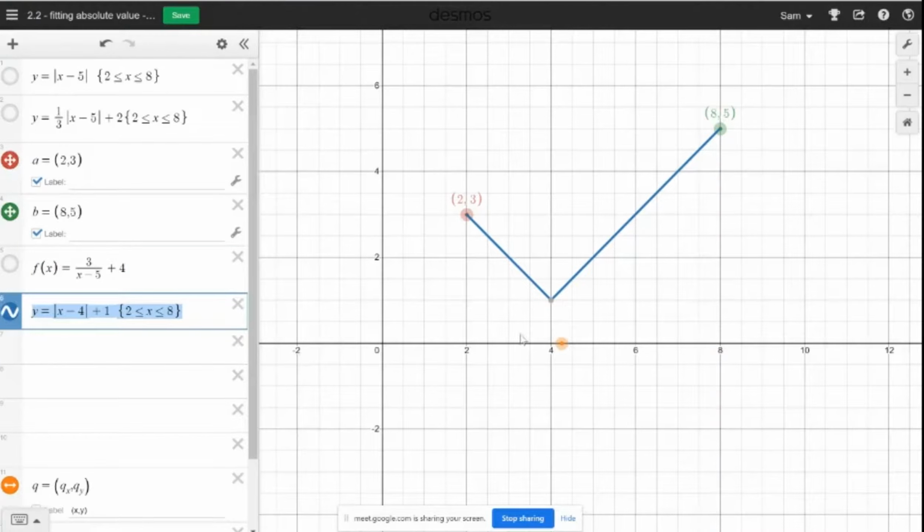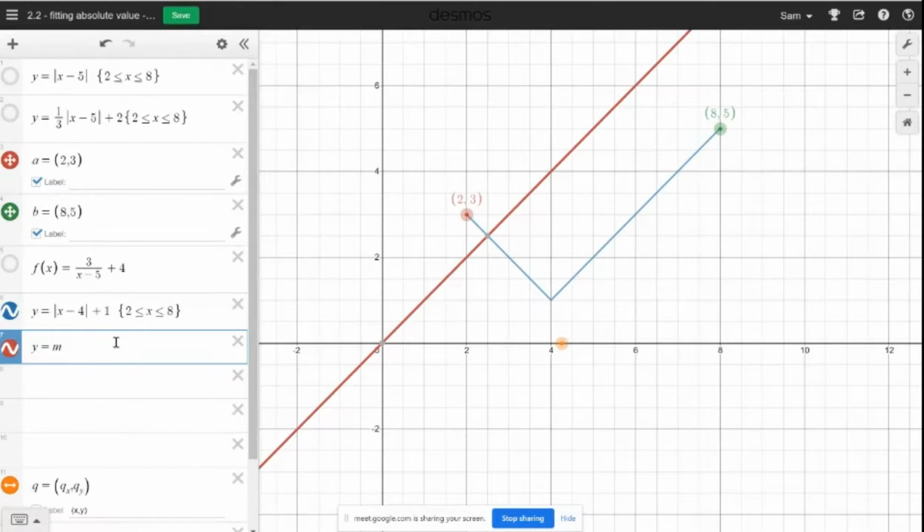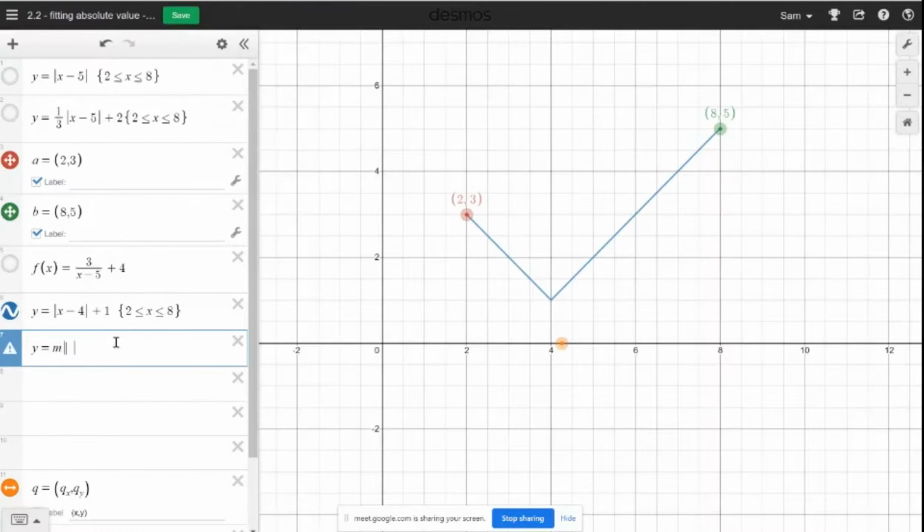So let's pick another value. What if we wanted x equals 3? So we want a different absolute value function, but with an x value of 3. So it's not going to be as steep. In our equation of an absolute value function, we want to just shift it across.